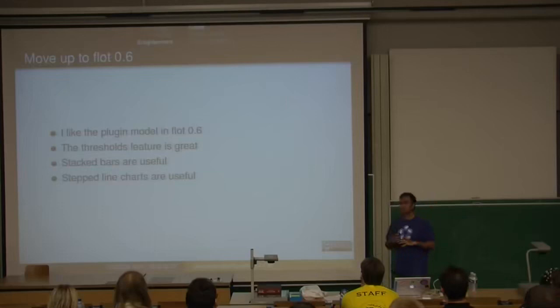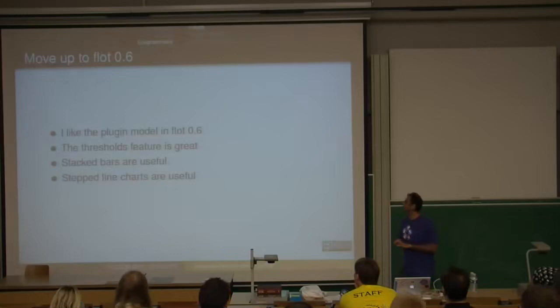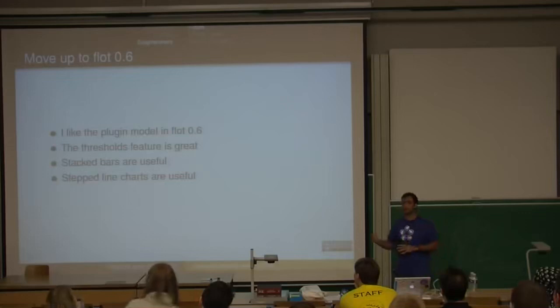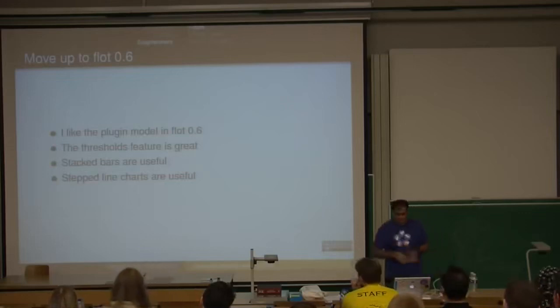That's where the threshold feature comes in, where it says, this is my threshold, and everything above it needs to be in this color, and below it in this color. It's a pretty useful feature that I'm thinking of adding in. I just can't figure out how to do thresholds when I have 4 different time series on a chart, because then I need to pick 8 different colors. I have a hard time picking 2.